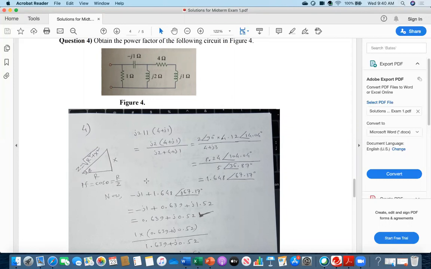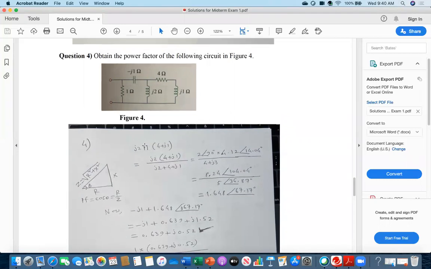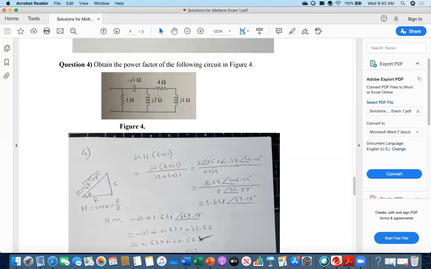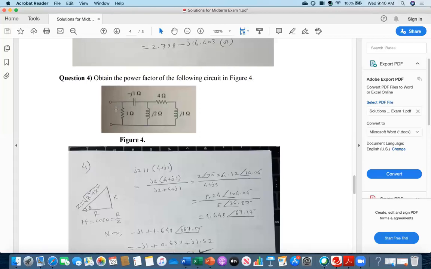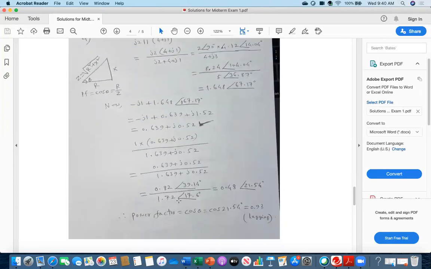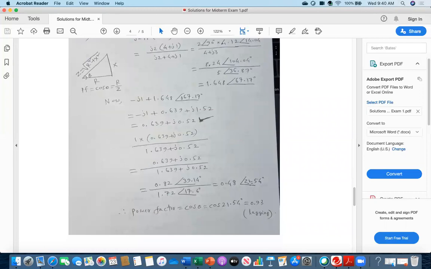It depends on what is given. In this case there is no current or voltage information, so you cannot calculate the complex power that would include your power factor angle. So you must calculate the equivalent impedance, look at its angle, and take its cosine theta. That is your power factor.